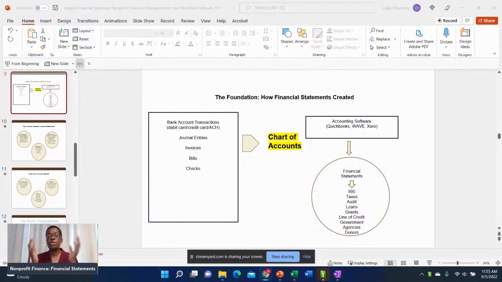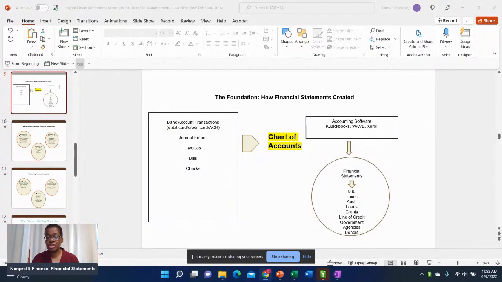All of those are summarized on the financial statements. That's all the financial statements is. It's just a summary of all those financial transactions. So instead of looking at a report that has 50 to 100 or 200 transactions, the financial statement summarizes all of those transactions for you in a neat format.